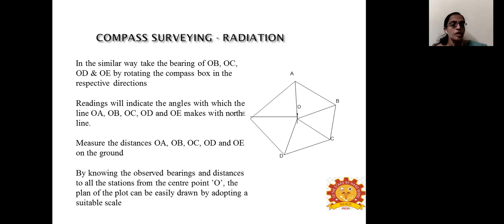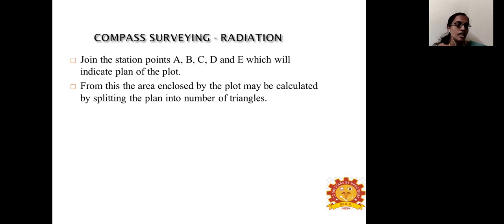Then measure the distances OA, OB, OC, and similarly up to OE on the ground. After knowing the observed bearings and the distances to all stations from the center point O, the plan can be easily drawn by adopting a suitable scale. Join the station points A, B, C, D, and E, which will give the plan of the plot.